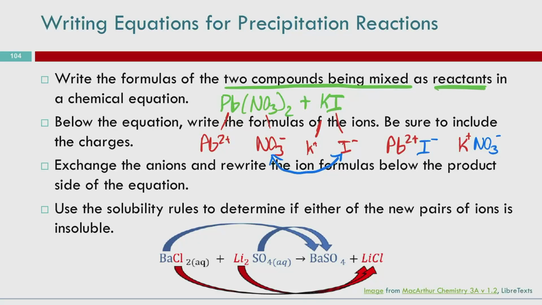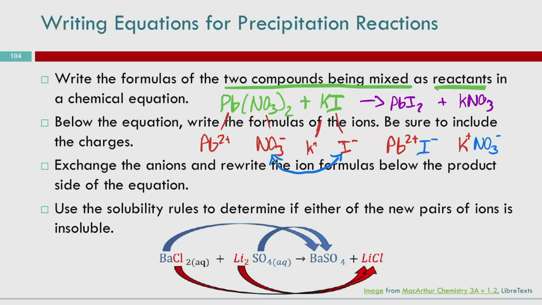And then we could rewrite those in their pairs to show what our products might be. So PbI2 plus KNO3. This isn't balanced. It doesn't really matter for now.